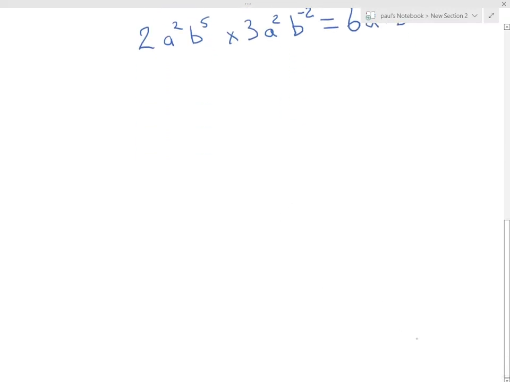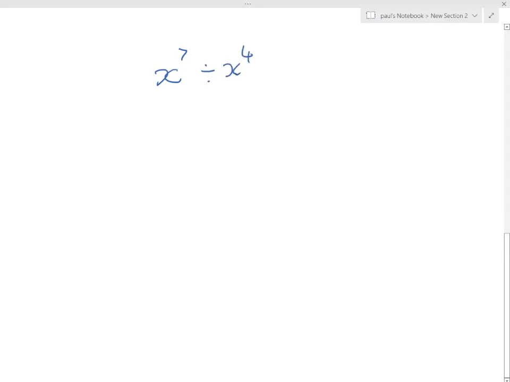So if you divide, and we've got x 7 divided by x 4, when we divide, you subtract the indices.